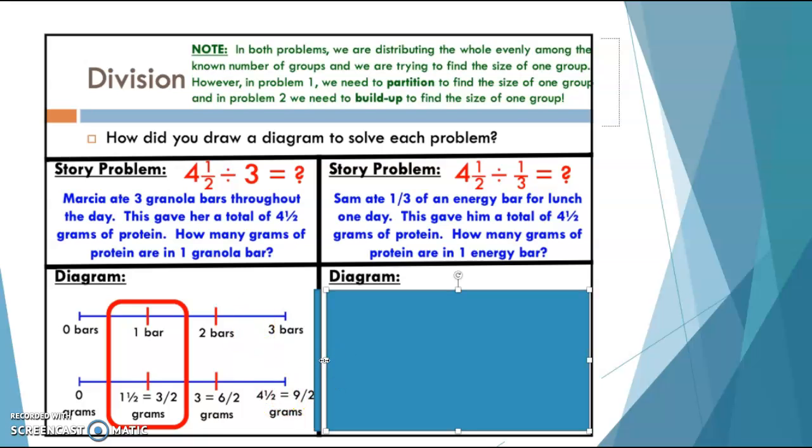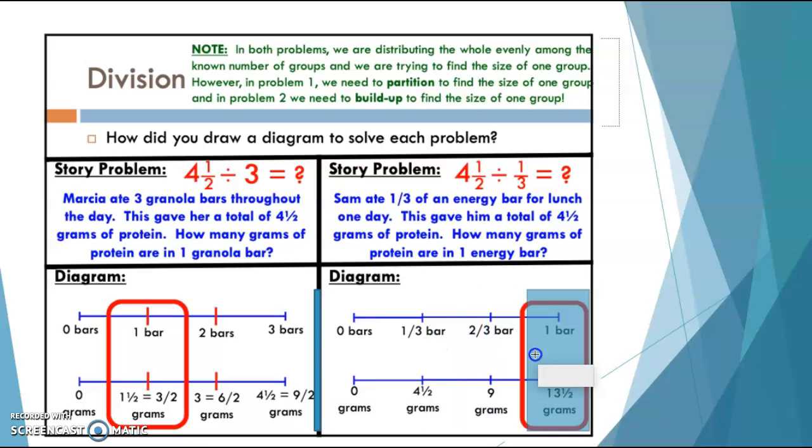Okay, take time to diagram story problem 2, and then we'll do a comparison. Hit pause. Okay, welcome back. Let's take a look. In problem 1, we needed to partition to find the size of one group. In the second problem, we need to build up. So Sam ate 1/3 of an energy bar for lunch one day.